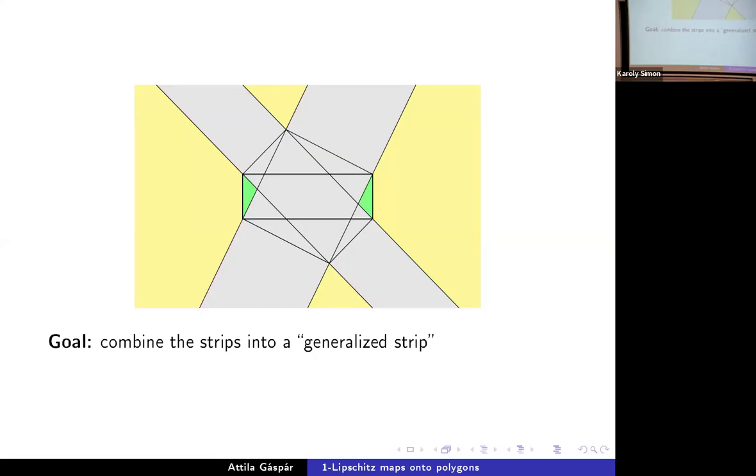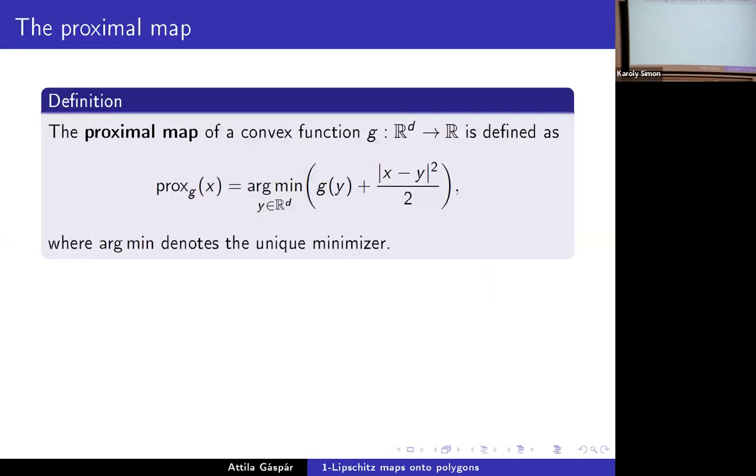So let's see the definition of a generalized strip. But first, we need the proximal map, which is used in convex analysis. If we have a convex function g, then the proximal map is a function from R^d to R^d.